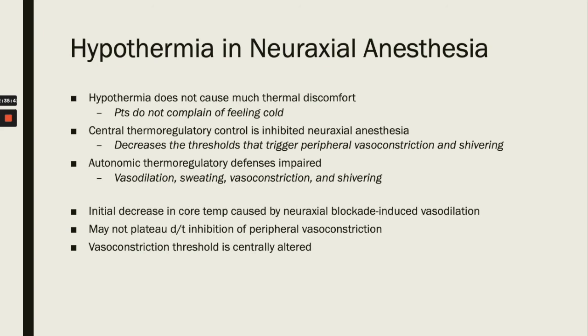So there's an initial decrease in core temperature that's caused by neuroaxial blockade-induced vasodilation, which is what I was talking about a few seconds ago. And the patients may not plateau due to the inhibition of the peripheral vasoconstriction. We talked about how patients under general anesthesia end up having that peripheral vasoconstriction. Patients with neuraxial anesthesia are not going to have that same peripheral vasoconstriction, so they're probably not going to reach the plateau phase.